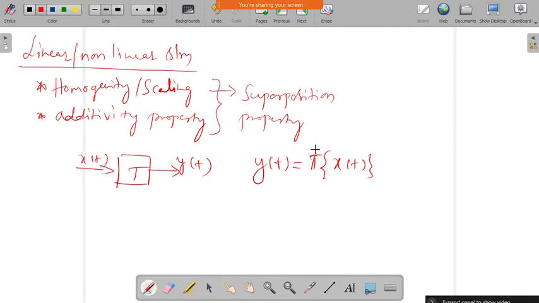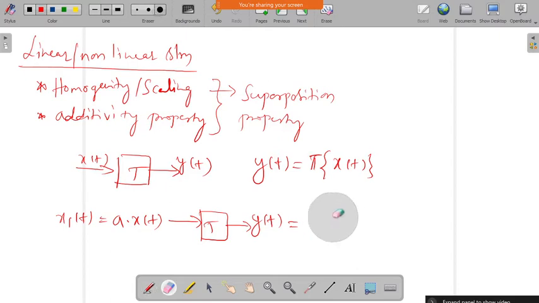Now if I scale the input, x1 of t equals a into x of t, and give it to the system, then the output should also be scaled: T of a x of t, which is a into T of x of t, where a is a constant.